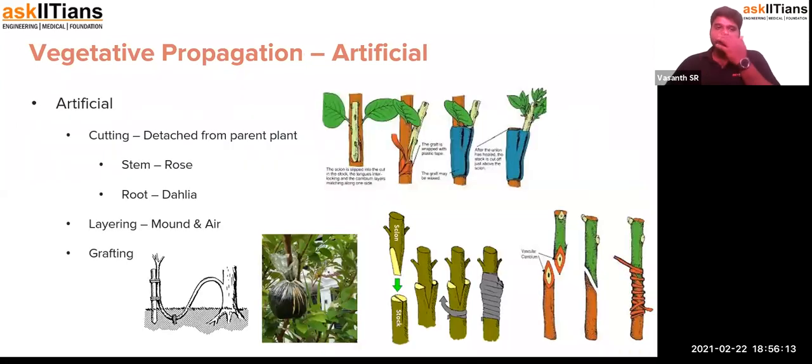Okay. So the first artificial method is cutting. Cutting is where a vegetative plant part is detached from the parent plant and is planted elsewhere. It grows out to be a new plant. So when you get a stemmed rose, after you enjoy the rose and it has dried off, you cut it out and plant it in a nutritive medium, especially a potato with honey in it.